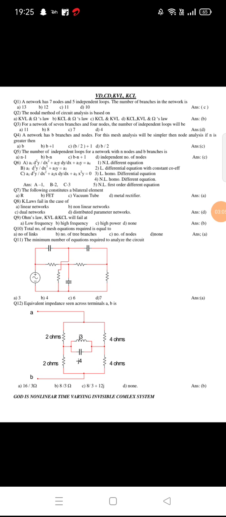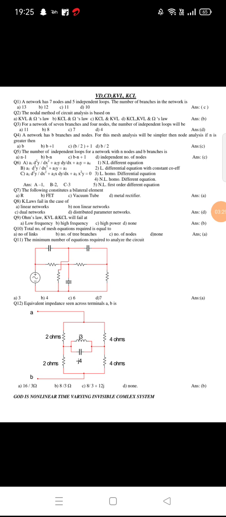That is option B. Here no x term is present with the differential term, that is d cube y by dx cube. Similarly, A2 into y is a constant term, again no extra term is present, that means that is a linear equation. Okay, a linear differential equation with constant coefficients, A1, A2, A3 are the coefficients.